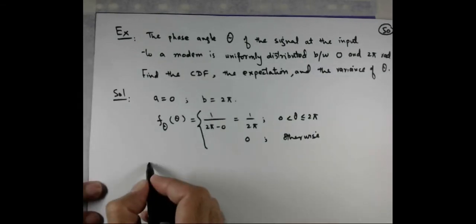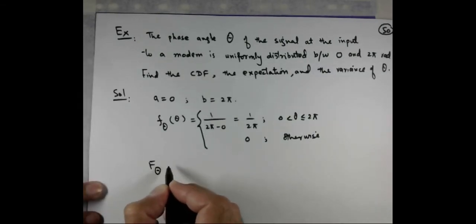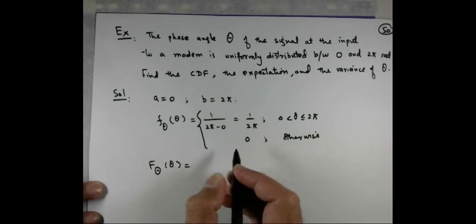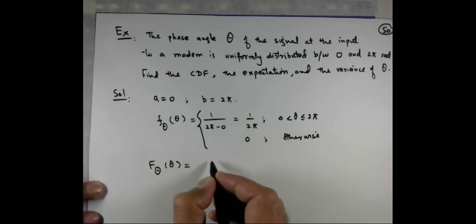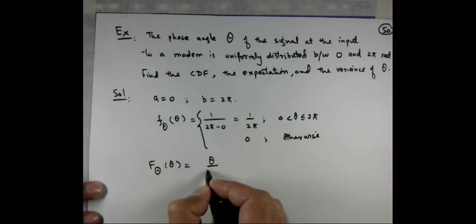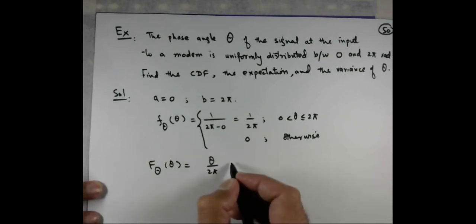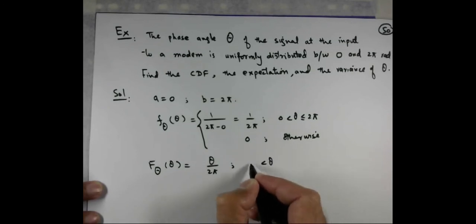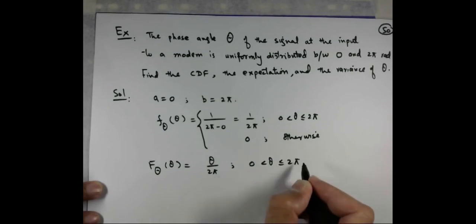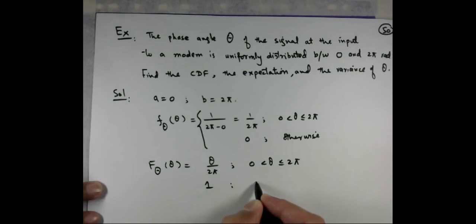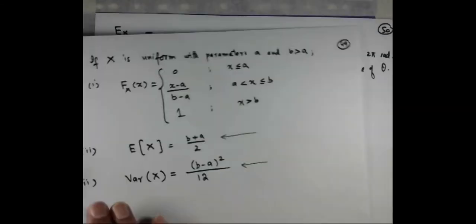So, the CDF f sub theta of theta, within the meaningful range, you can write as theta over 2 pi for theta greater than 0 and less than or equal to 2 pi, and it is equal to 1 for theta greater than or equal to 2 pi.